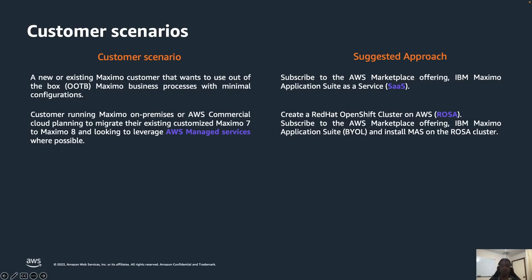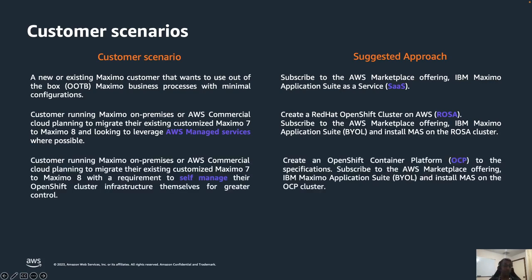All right. So the third customer scenario is you are a customer that is running Maximo already, either on premises or on AWS Cloud, but you have a requirement of managing your own infrastructure. You have a team that is well equipped to manage and patch and perform the entire infrastructure management for an OpenShift cluster.